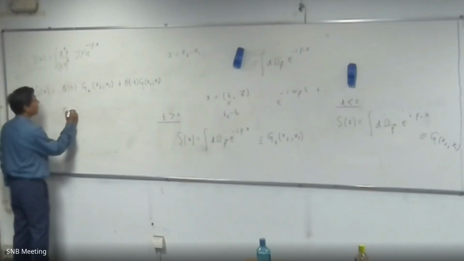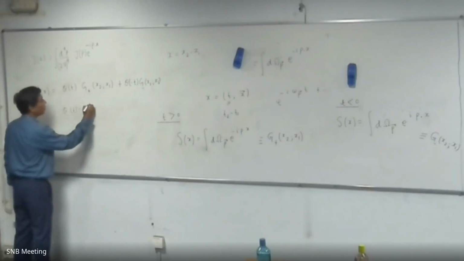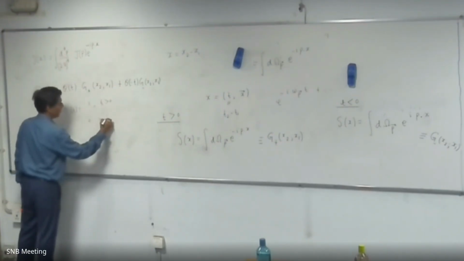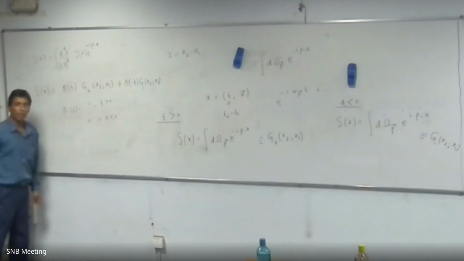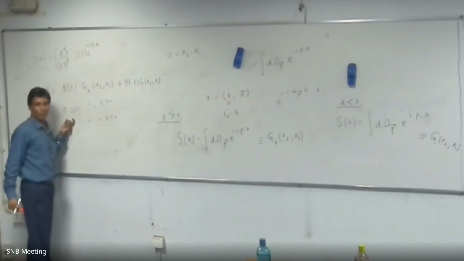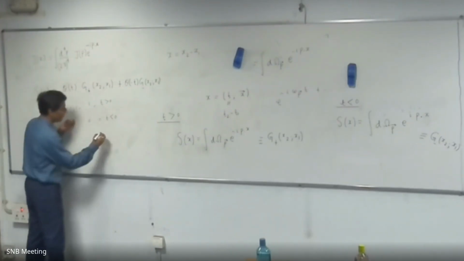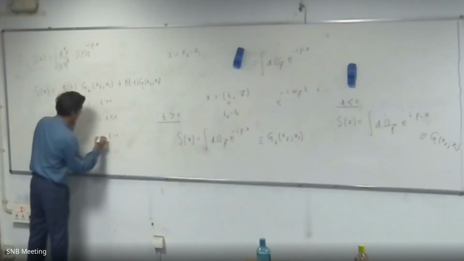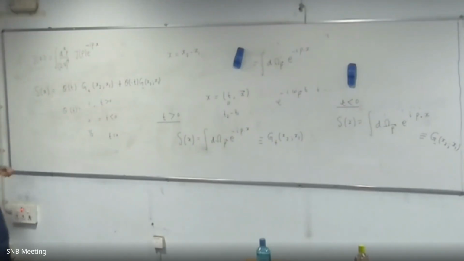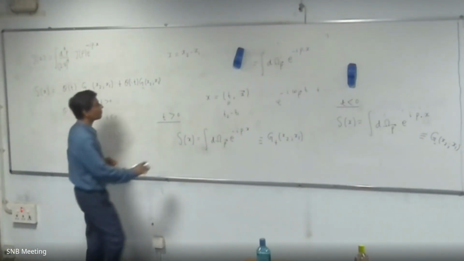This definition is basically theta of t is equal to 1 for t greater than 0 and it is equal to 0 for t less than 0. And there is also a value for theta at t equal to 0, that you will not usually get in the books. It is basically half. Also a value you will get in some many-body physics books that it is half.